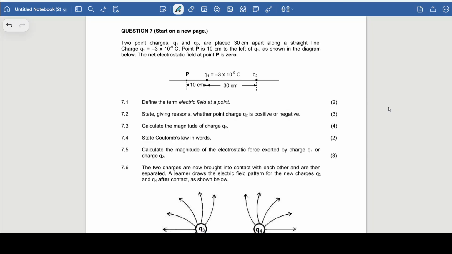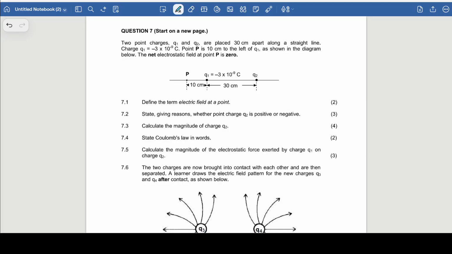I see. Calculate the magnitude of charge Q. Okay, just give me a second to read the instructions. The centimeter white line.